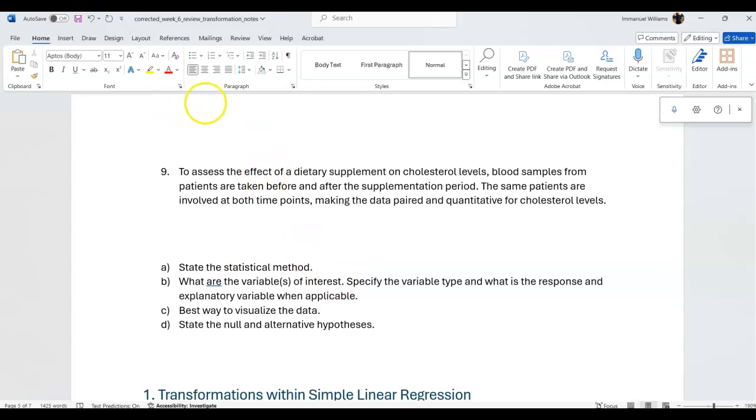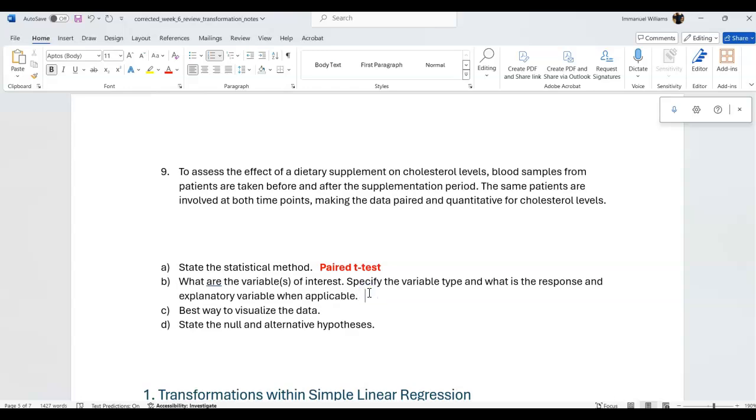To test the effect of a dietary supplement on cholesterol, blood samples from patients are taken before and after the supplementation period. The same patients are involved in both time periods. This is telling us clearly what this is, making the data paired. Cholesterol is quantitative. So here we have the paired t-test because they're the same individuals at both time points.